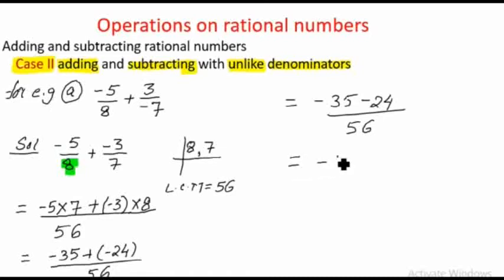So minus 59 upon 56. So this we can write in mixed fraction minus 1, 56 here in denominator, and here we can write 3. So this is the answer.